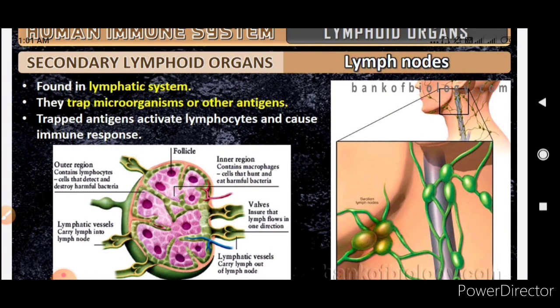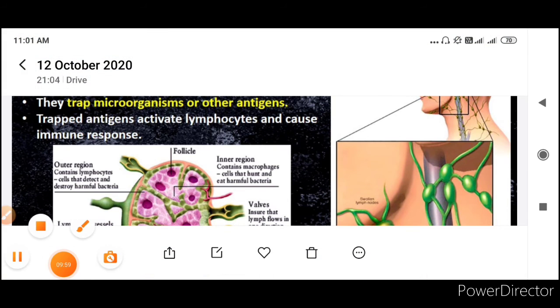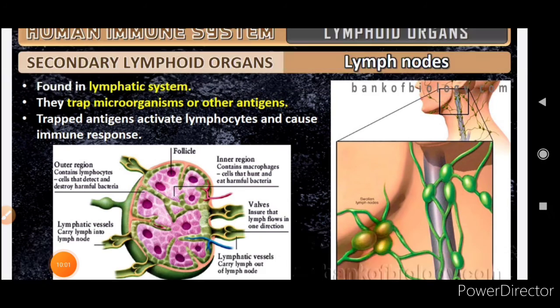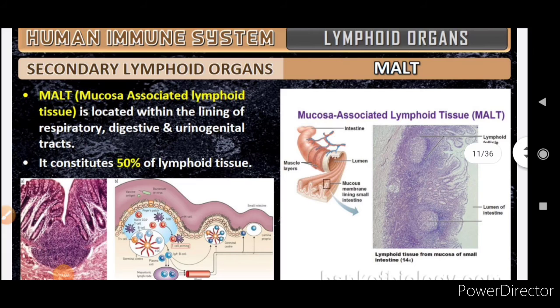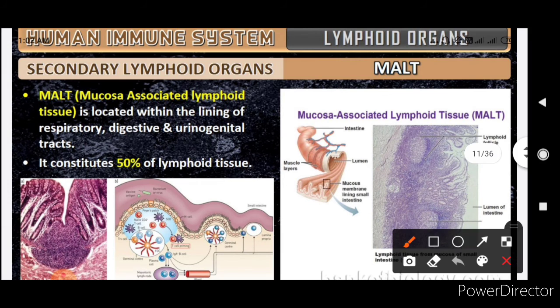Lymph nodes are found in the lymphatic system and trap microorganisms or other antigens. MALT is the mucosa associated lymphoid tissue, and it constitutes 50% of the lymphoid tissue. Here you can see the mucosa membrane lining the small intestine. This is the MALT.